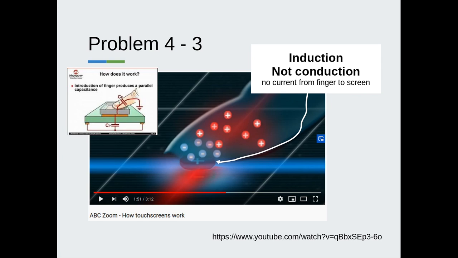All the physics behind it is based on induction, but not conduction. Many students somehow get the concept of a conductance touchscreen or resistive touchscreen, and they get all the answers wrong. And I think this is something where, when you are checking the news or newspapers on the internet, you have to use a little bit of your physics knowledge to say if it's right or wrong.